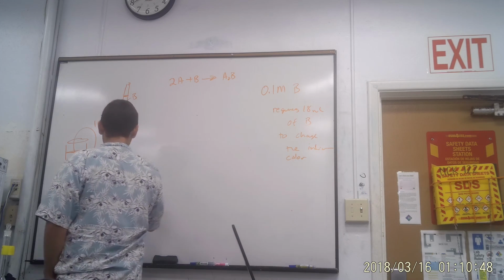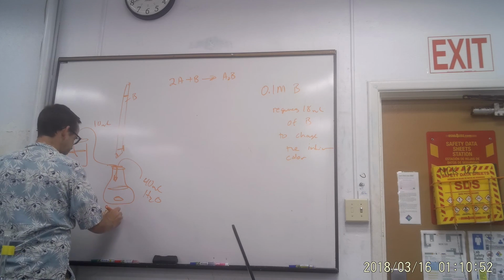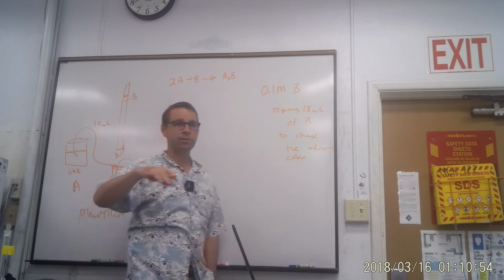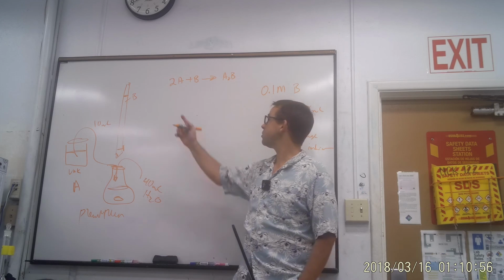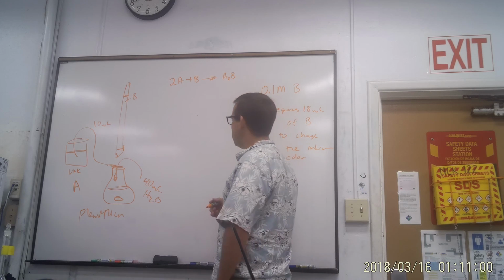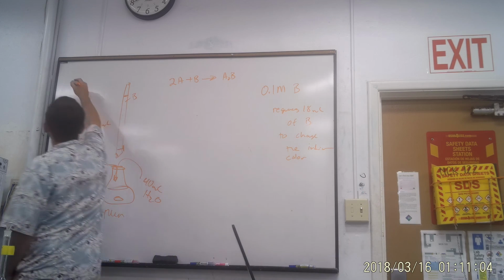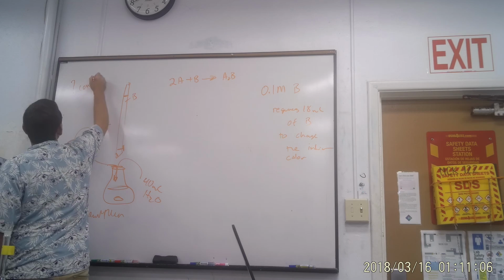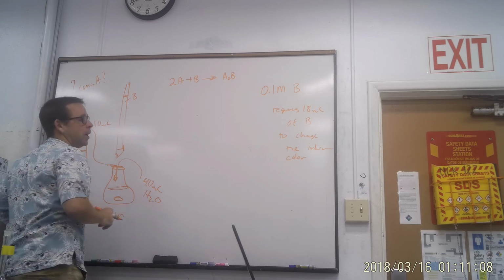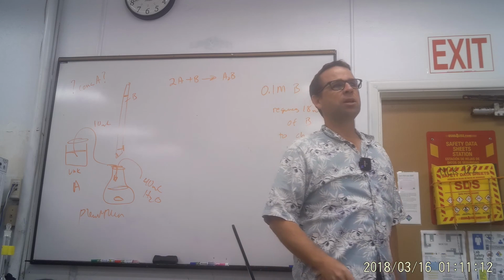Okay? So, let's say we used phenolphthalein, and for whatever reason, phenolphthalein is going to change color at the end of this reaction. Okay, so what's the concentration of A? Okay, guys, can you work on that one? What's the concentration of A?